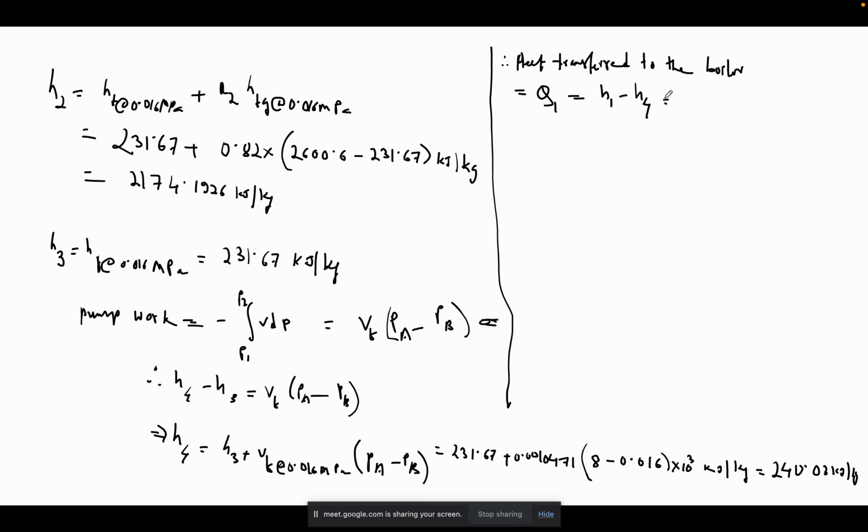So that is 3399.5 minus 240.03, that is 3159.47 kilojoule per kg. So this is your heat transfer to the boiler.